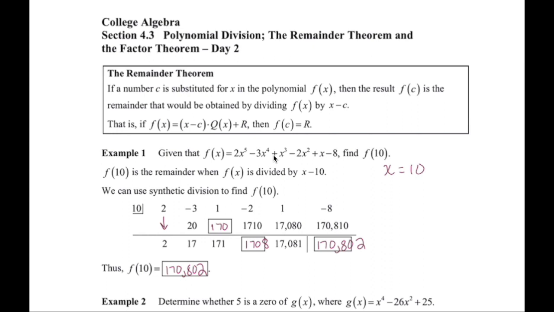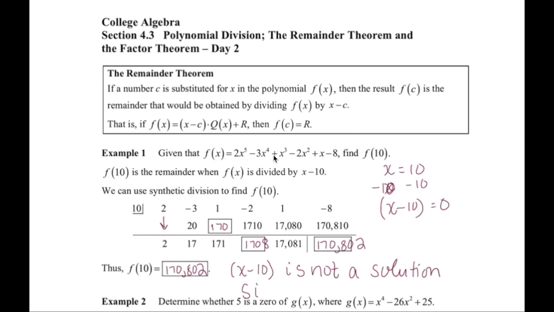That tells me that if x equals 10, then x minus 10 is equal to 0. Working backwards, this tells me that the factor x minus 10 is not a solution since we have a remainder.